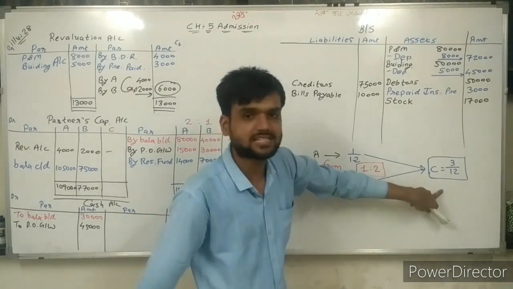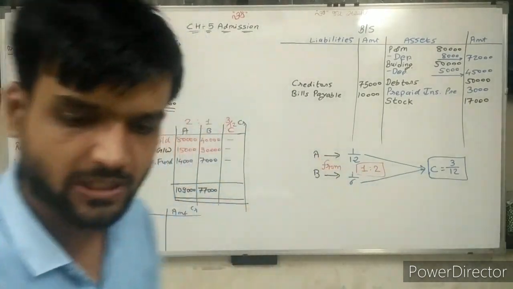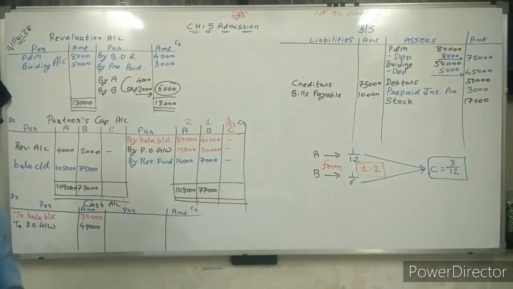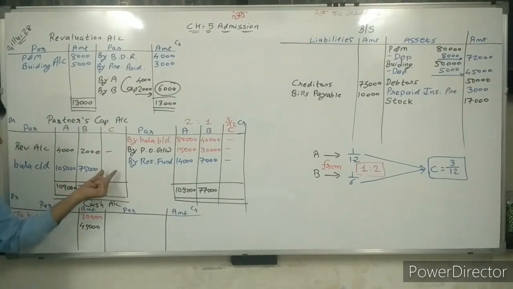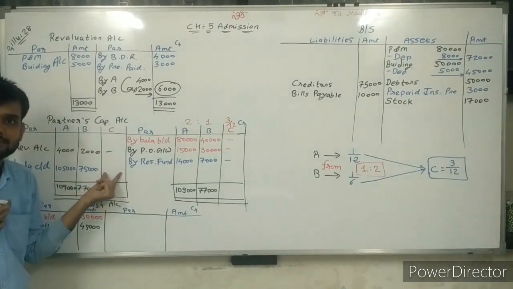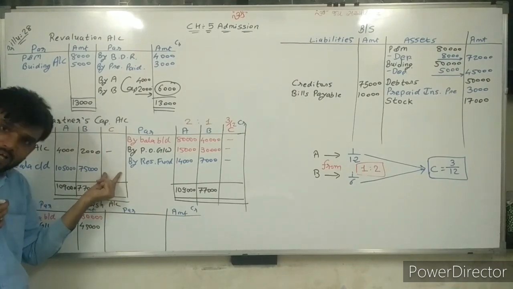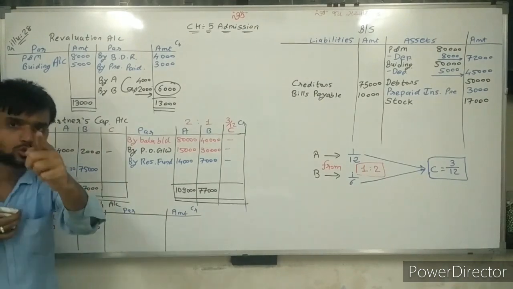Now, first I am clearing the board here. For calculation of C's portion, how many rupees will be brought in by C? So try to understand. We have the closing balance of these two partners, but we don't know the ratio of C. What is the portion of C? What is the amount of C? That we need to find.